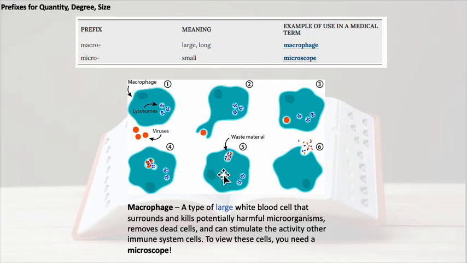Once it breaks down the virus, it then releases the viral particles, if you will, as waste material, and the body will just rid these particles. So macrophages, even though they are the largest type of white blood cell, they are still very small in the sense that you require a microscope to view them. They cannot be viewed with the naked eye.